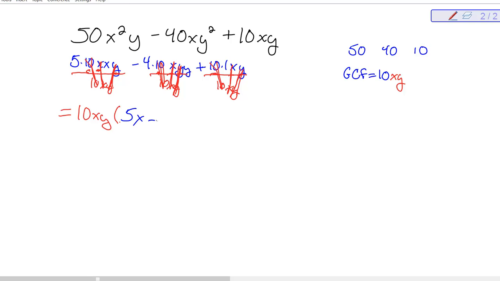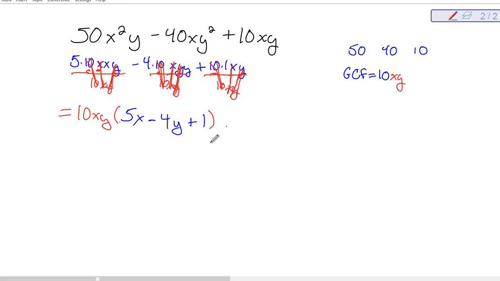In the second term, we're left with a negative 4 and a y. In the third term, we're just left with a positive 1. And remember, I have to put something for each term because I have to be able to distribute this number back in here and see if I get what I originally started with.